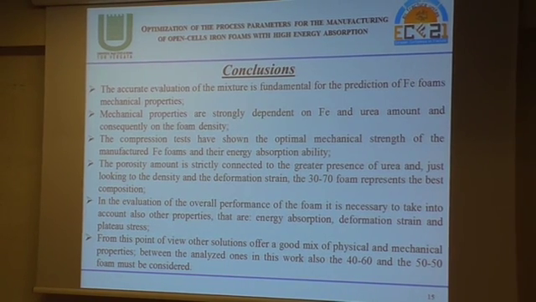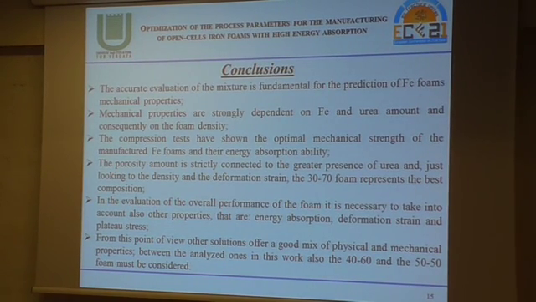In conclusion, the accurate evaluation of the mixture is fundamental for the prediction of iron foam's mechanical properties. These are strongly dependent on the iron-urea ratio, and the compression tests have shown the optimal mechanical strength of the manufactured iron foams and their energy absorption ability.